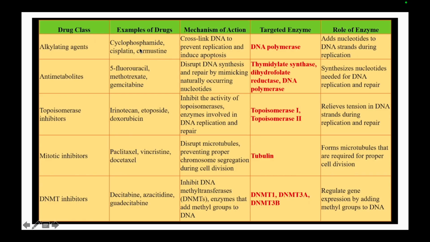Okay, so an example of such a drug is cyclophosphamide. They will cross-link the DNA, prevent replication and induce apoptosis. Drugs like cisplatin will also induce apoptosis. These drugs will target mostly the cells which are very rapidly dividing, and cancer cells are the ones which are rapidly dividing.